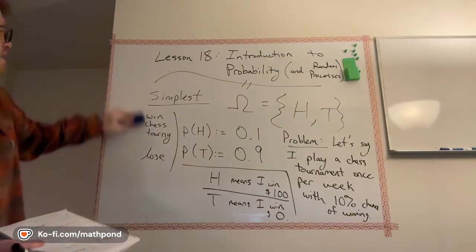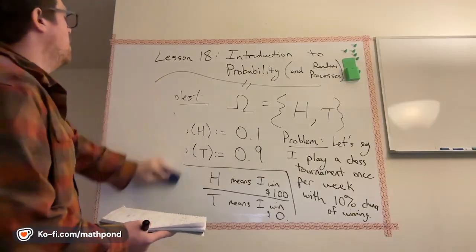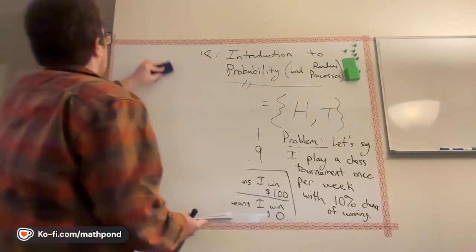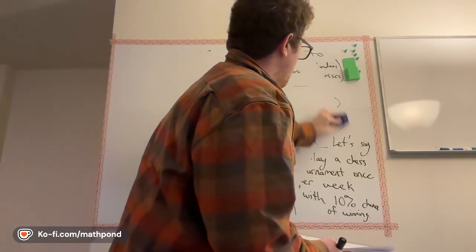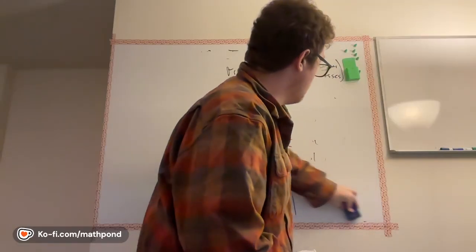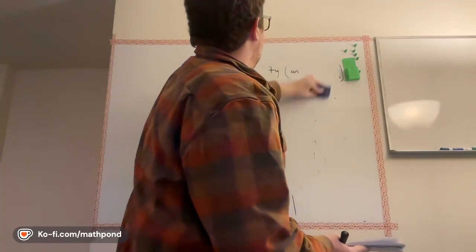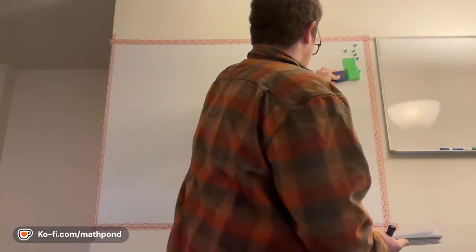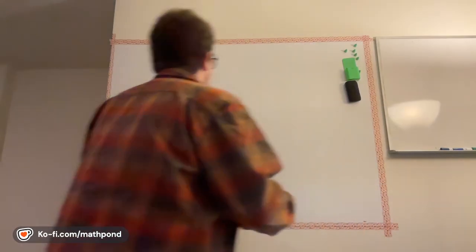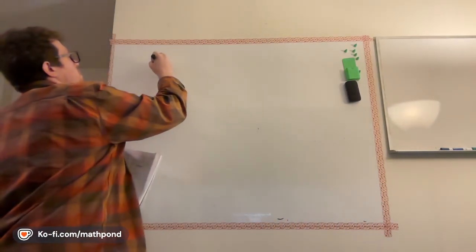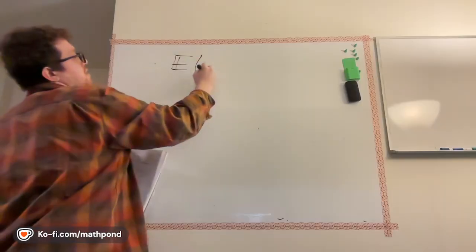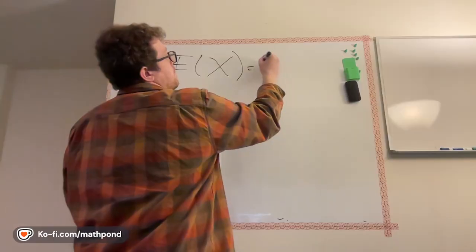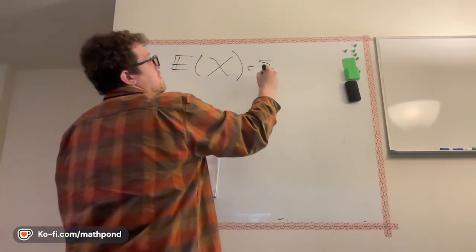Okay, so let's just write down again what I just said. So the mean, a lot of the times you'll see it like this: expected value of a random variable x. This is the sum over the things in x.